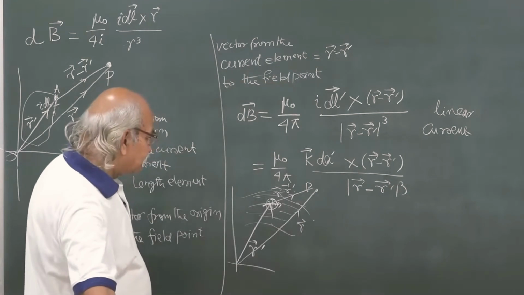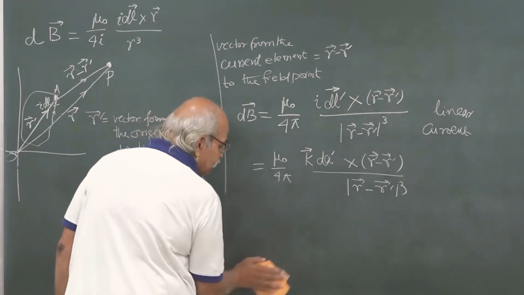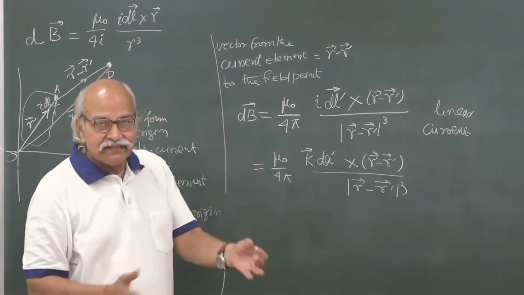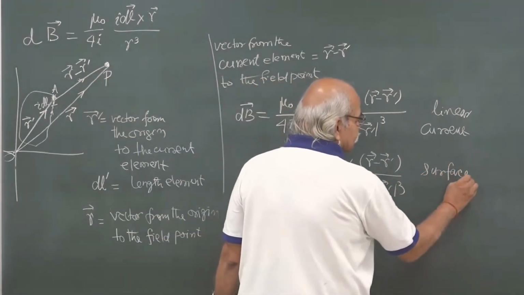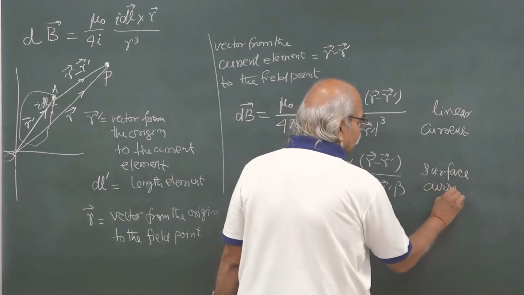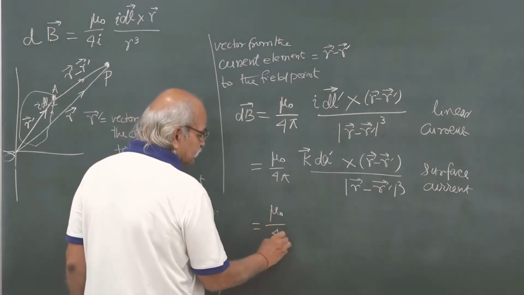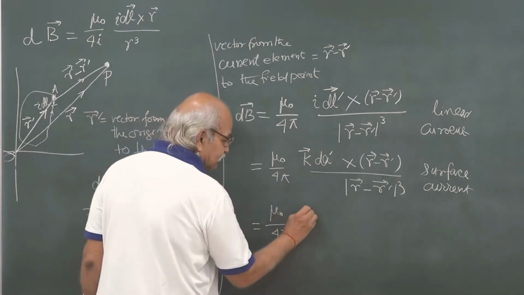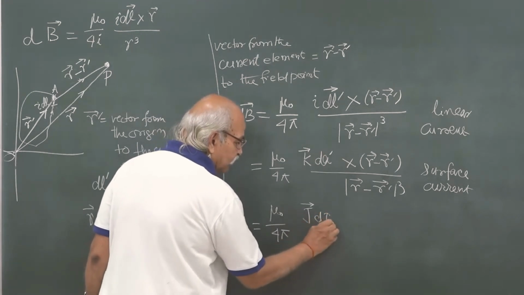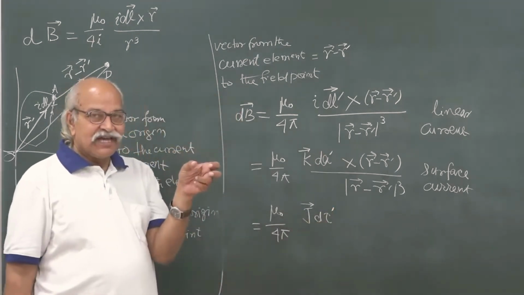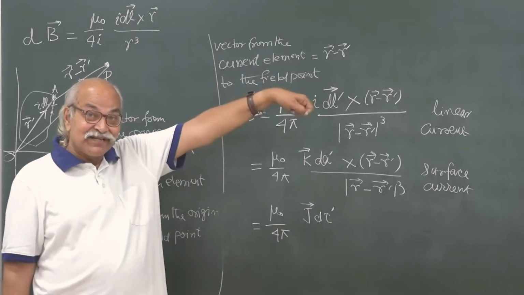If this is surface current, if it is volume current, you have a volume, and everywhere in the volume there are currents, then your expression will be correspondingly modified, and that will be mu naught by 4 pi, and then J, the volume current density, and this is now d tau, a small volume element at the location r prime vector.